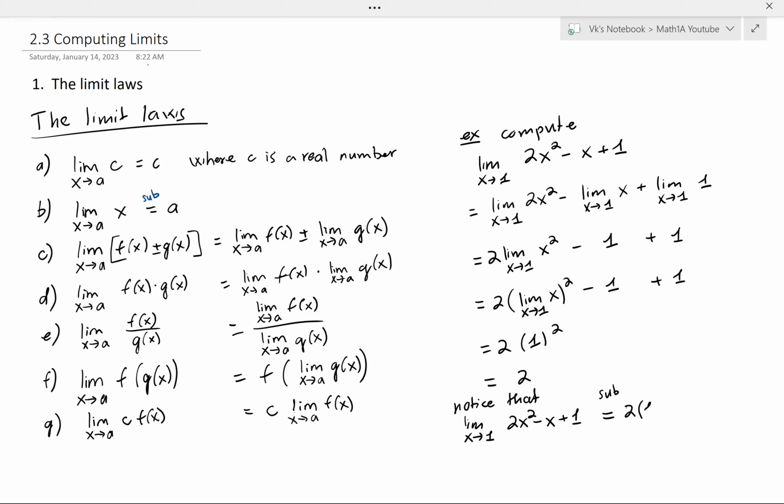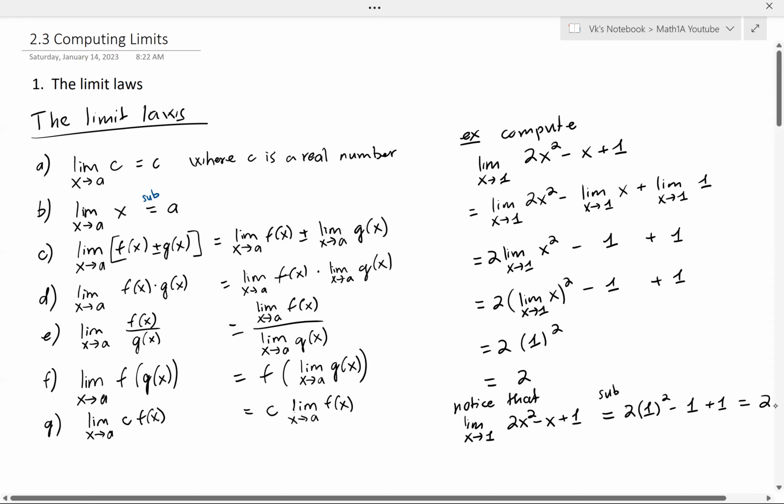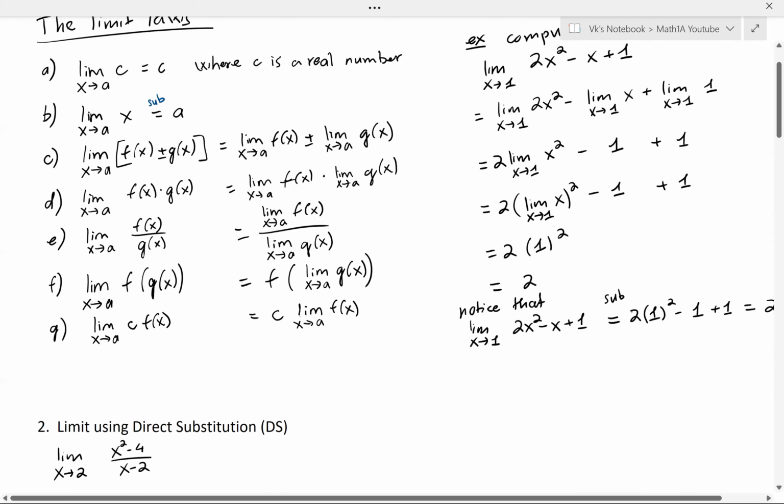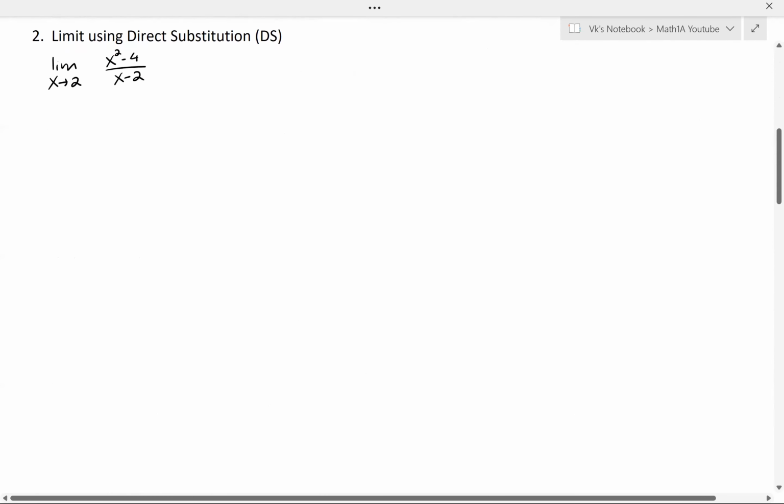Then we have 2 times 1 squared minus 1 plus 1, which is also 2. Pretty amazing, huh? So that led us to limits using direct substitution.